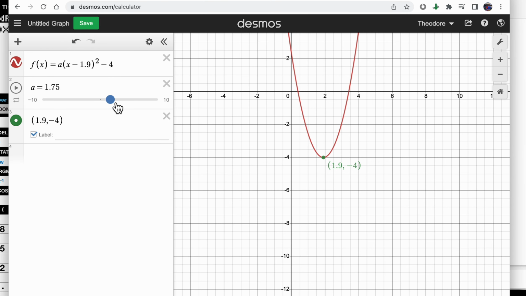So if I have an a value of 1, you look at the width of the parabola, this is your standard parabola, versus a negative 2, the parabola is skinnier. If I make that a value really large but in the negative direction, it gets really skinny. I can do the same thing in the positive direction. The larger the number, the skinnier the parabola.